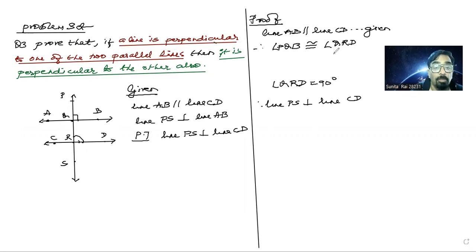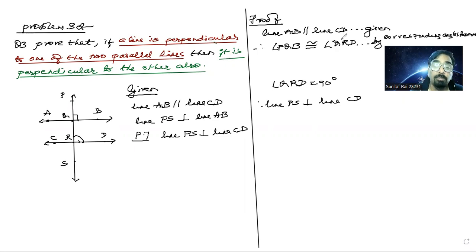What's the reason? You can say that PQB is congruent to QRD by the corresponding angles theorem. When the lines are parallel, corresponding angles are equal, by the corresponding angle theorem. Got it?